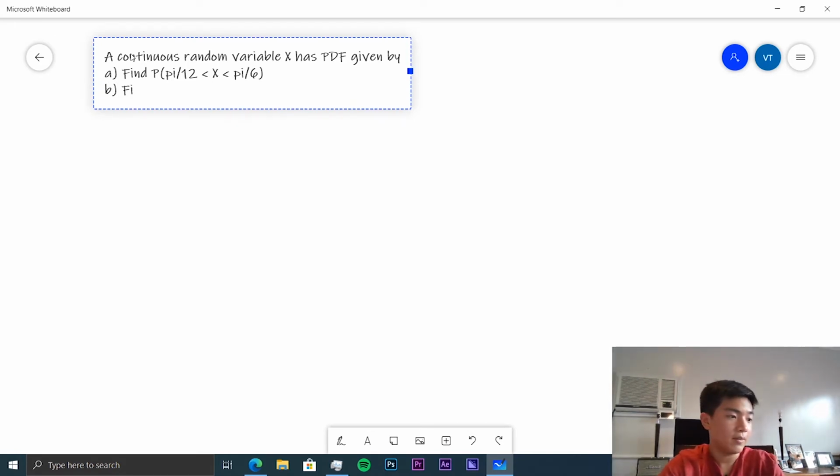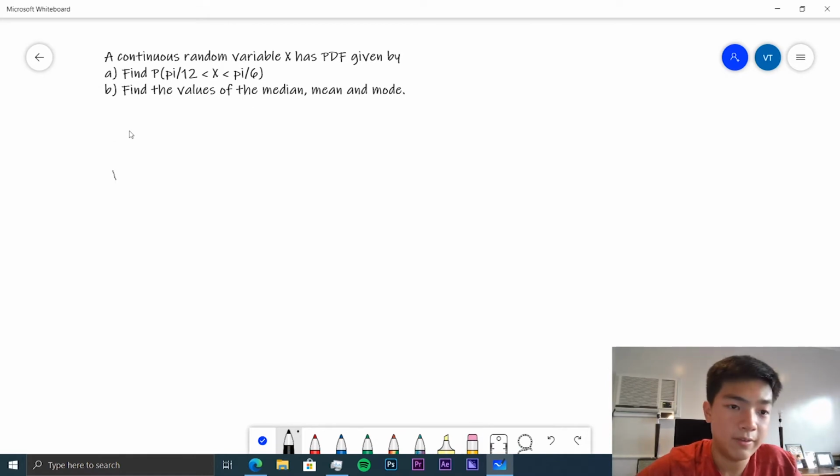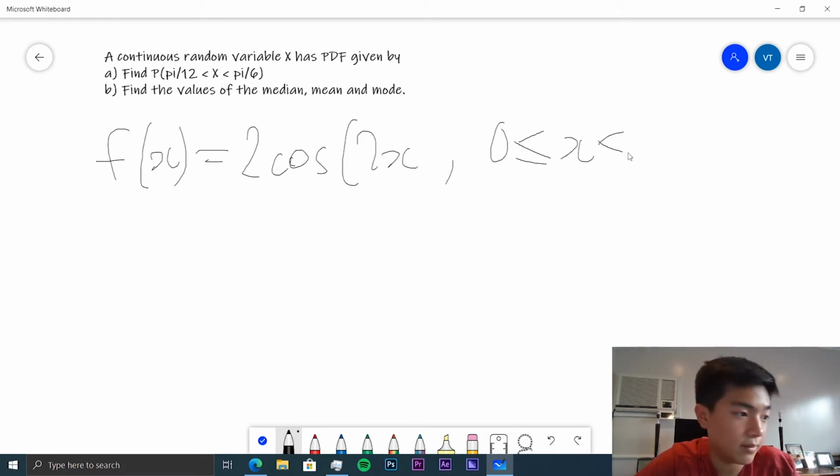And then next find the values of the median, mean, and mode. And the function is f of x is equal to 2 cosine 2x, where 0 is less than x is less than pi over 4, and of course 0 otherwise.